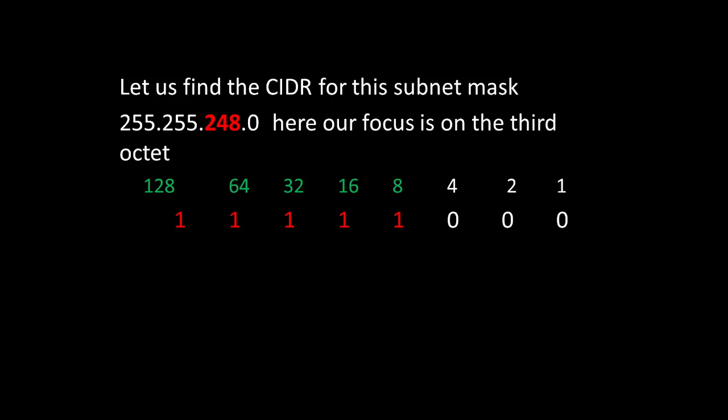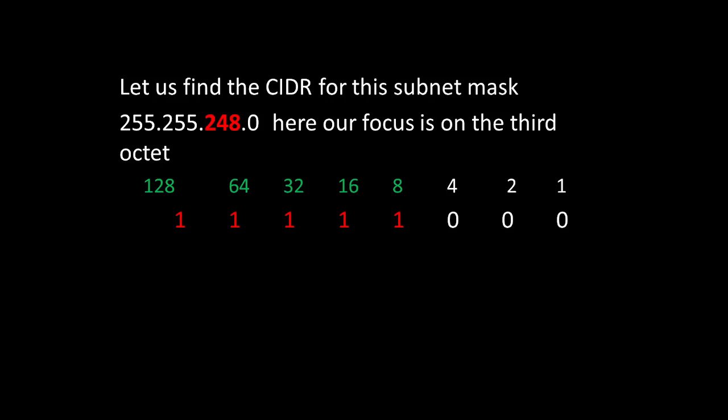If you add up the ones in red, 128, 64, 32, 16 and 8, you get exactly 248. So the number of bits turned on in the third octet is 1, 2, 3, 4, 5. If these 5 are turned on, then what is our CIDR?